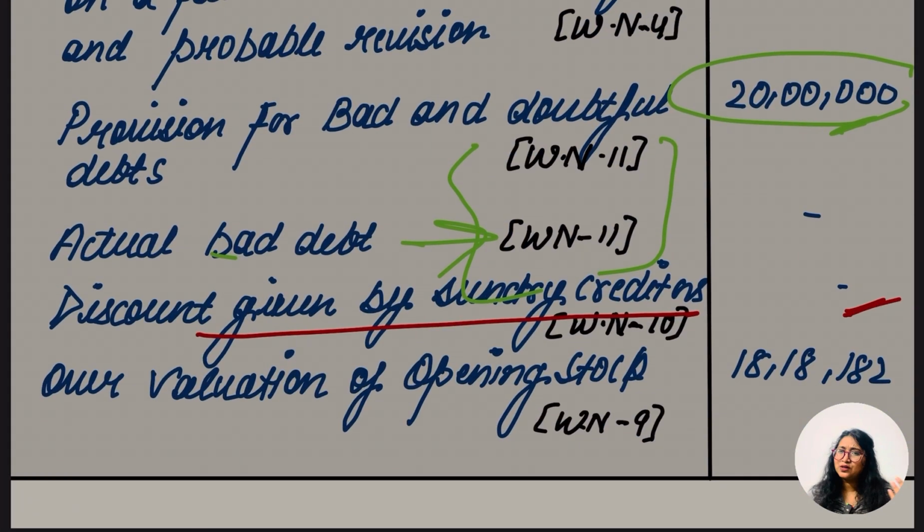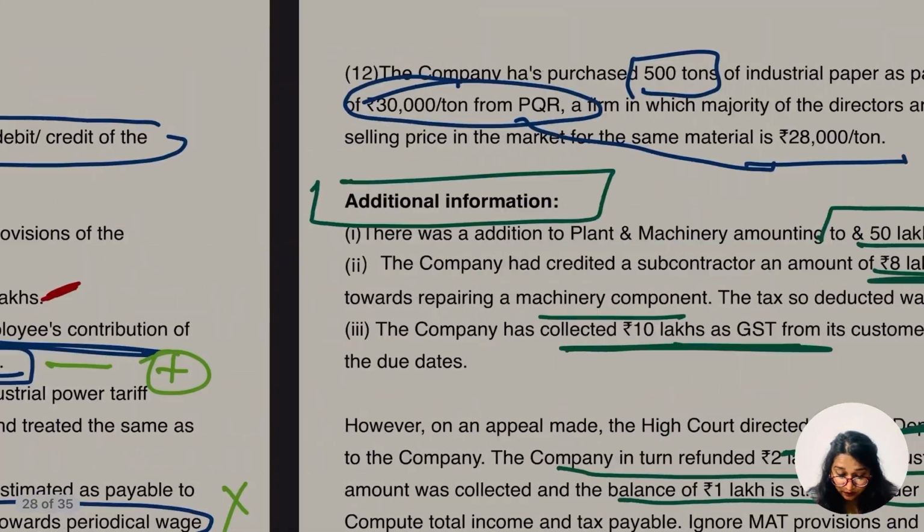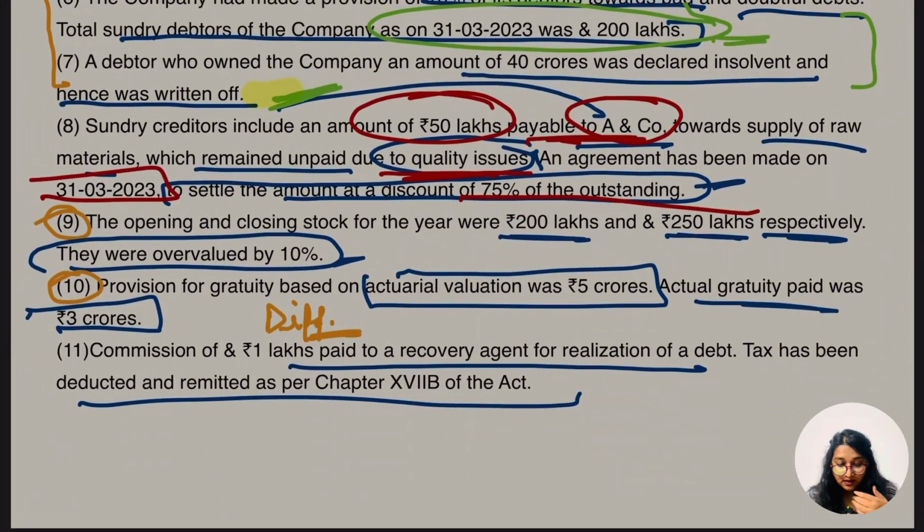Hope this was clear to you. Let's go to the other point. This talks about the opening and closing stock of the year: 200 lakh is the opening and 250 lakh is the closing stock respectively. They were overvalued by 10%.